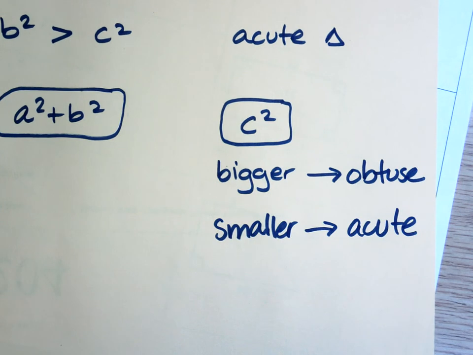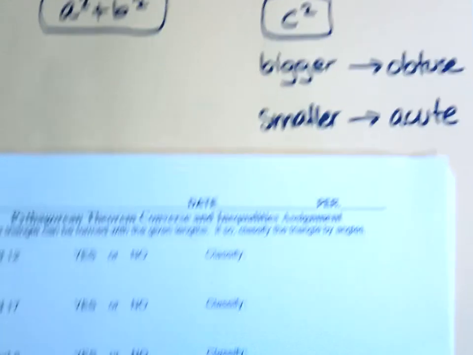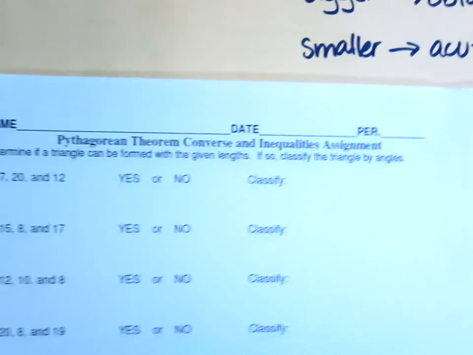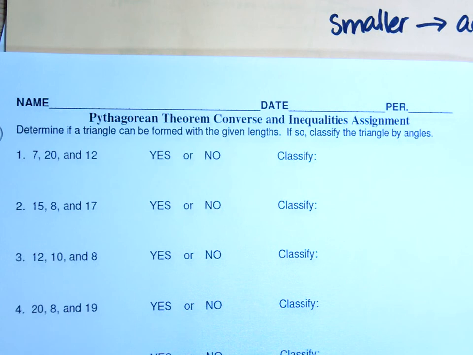Okay? Your homework, page 2, looks like this. First it says, determine if a triangle can be formed with the given lengths. If so, classify the triangle by angles. By angles means acute, obtuse, or right.